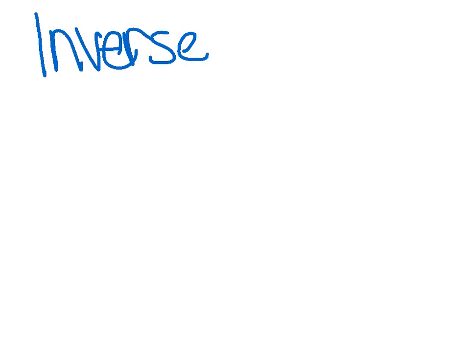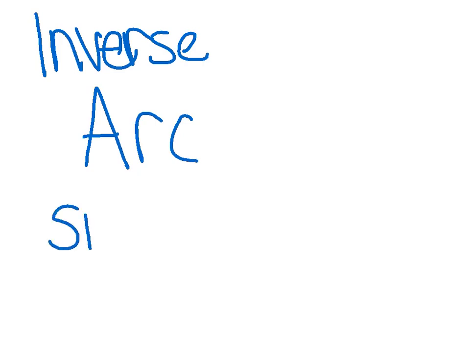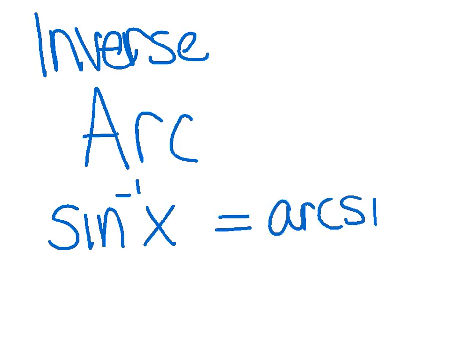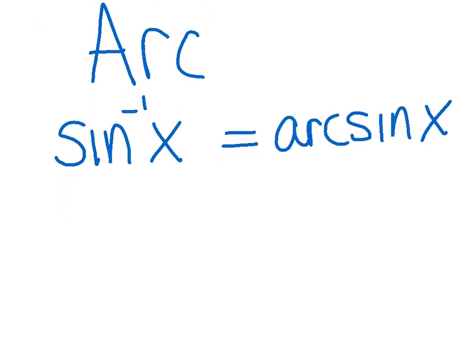Now, in trig, there's another name for inverse. Instead of saying inverse in trig, sometimes they like to use the word arc. Now, they mean the same thing. For example, sine inverse of x is equivalent to saying arc sine of x. Both of these things are saying find the inverse.